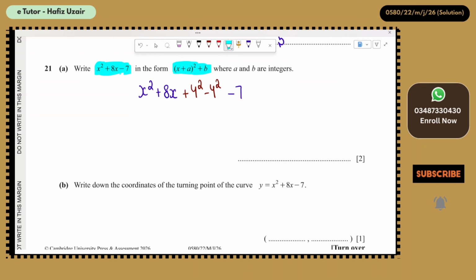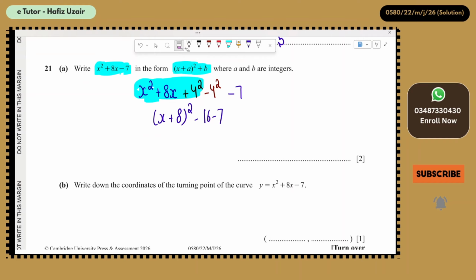Now these three terms make the whole square of x plus 4. Then if you solve this, you will get x plus 4 whole square minus 23, and that is your answer.